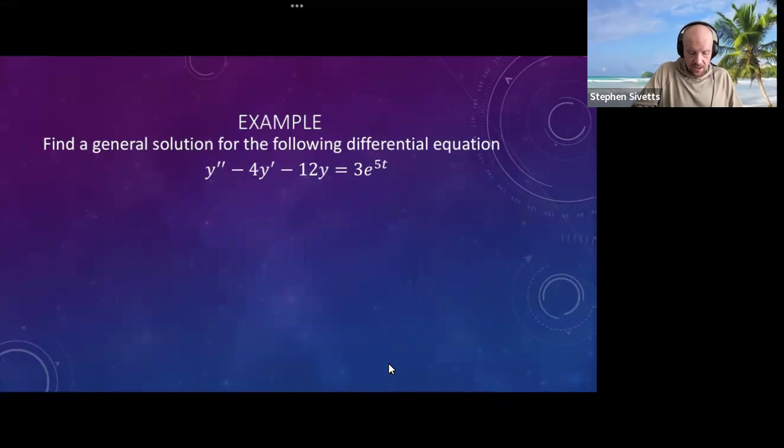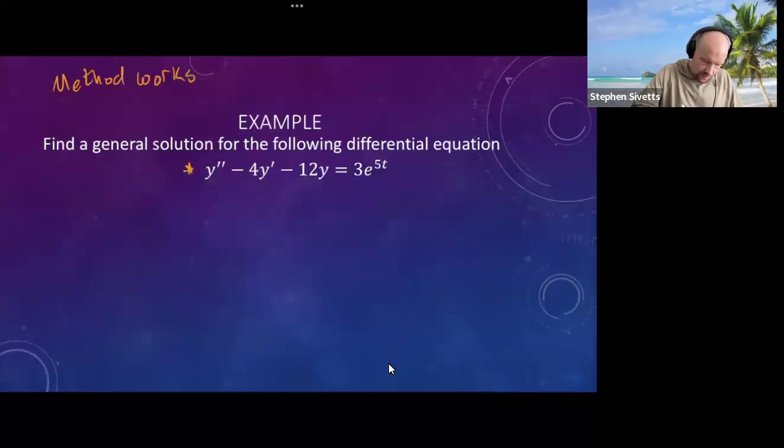We want to figure out a general solution for the following differential equation. We have this equation on the left, and this would equal the function on the right. I should point out that this method will only work for a certain subset of functions.